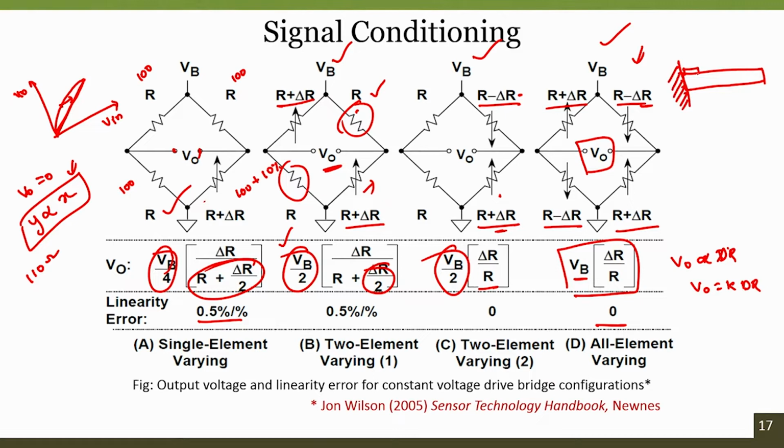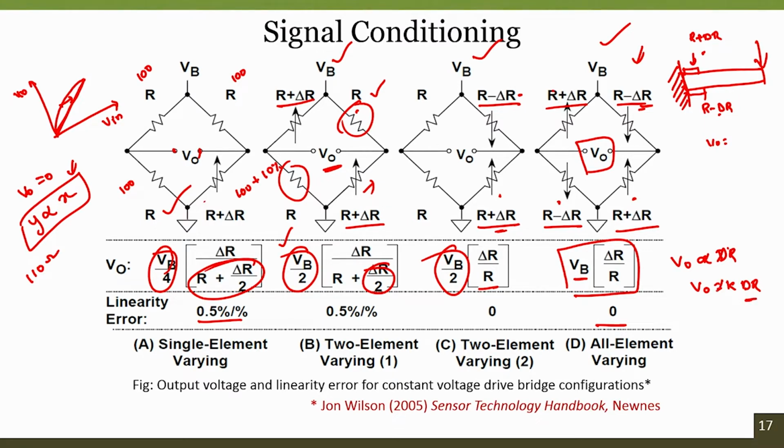If I use 2 different sensors on the top and 2 on the bottom and apply a force, these 2 sensors will experience R plus delta R, whereas these 2 sensors attached on the bottom side of the cantilever will experience R minus delta R. So one R plus delta R is placed here, another R minus delta R is placed here. Similarly, with R plus delta R and R minus delta R, the V naught we will get is delta R.